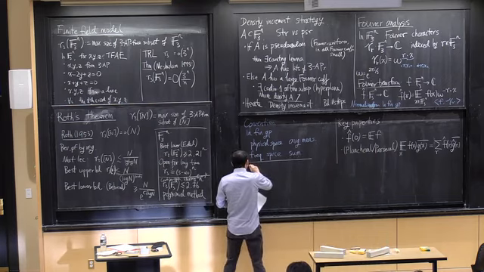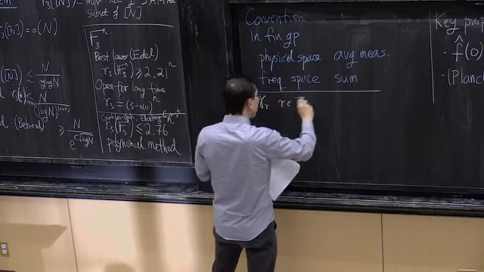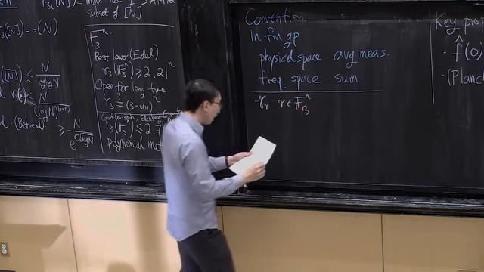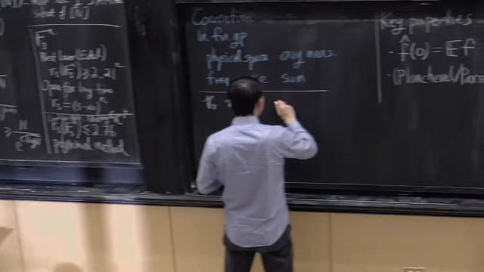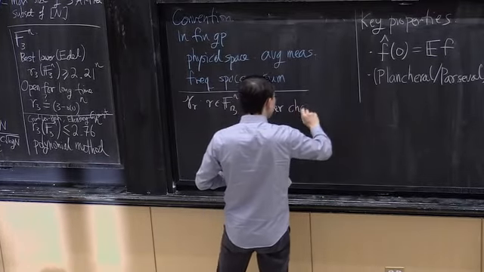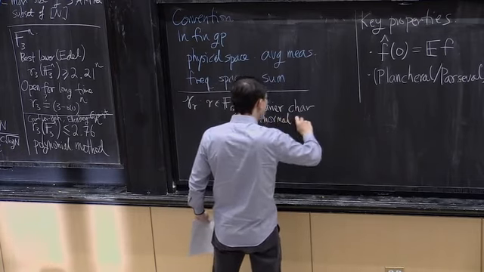It's because the set of characters, the Fourier characters, form an orthonormal basis.